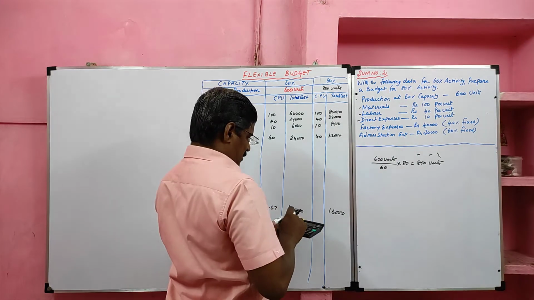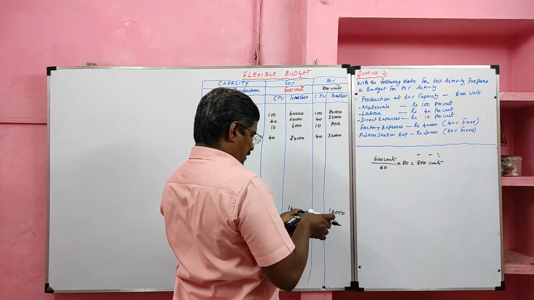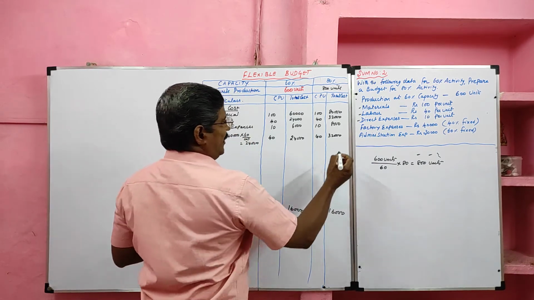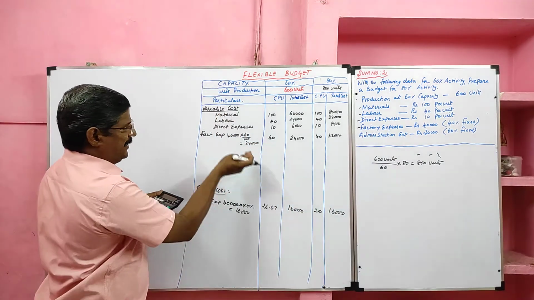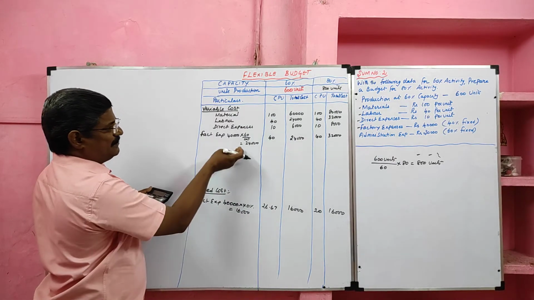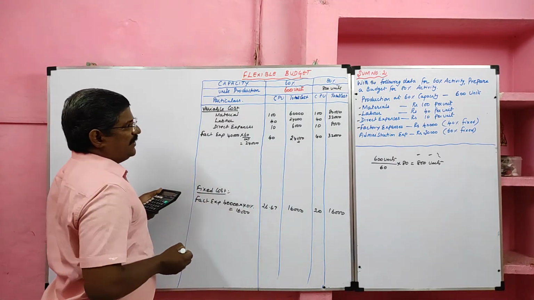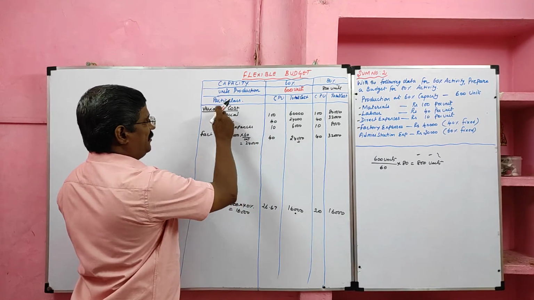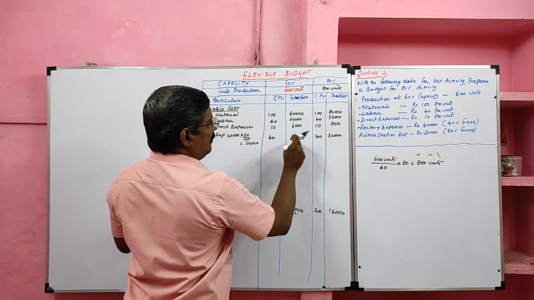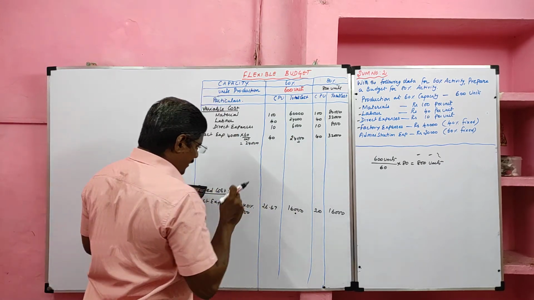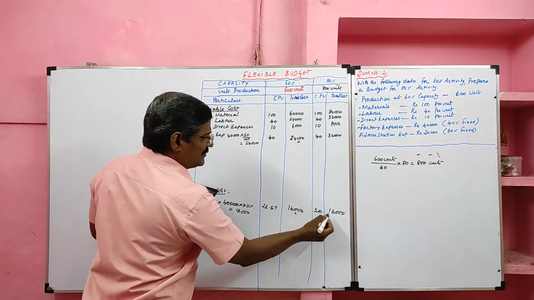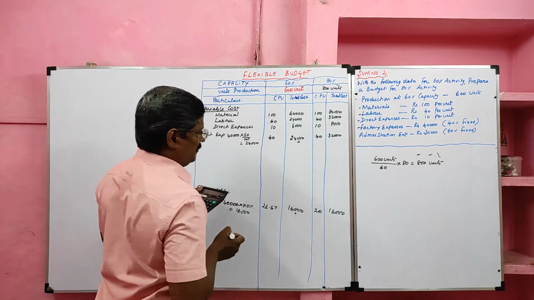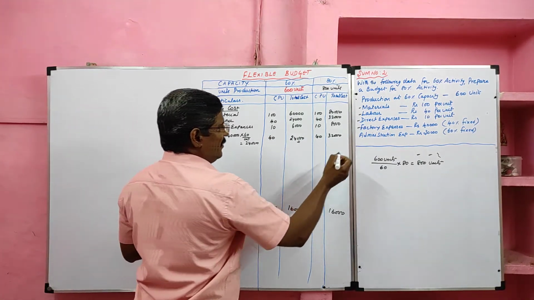Then 16,000 divided by 800 gives 20 rupees. So factory expenses we divided into two categories, 60% variable cost and 40% fixed cost. For variable cost I calculated cost per unit and kept it constant. For fixed cost the total remained constant, and I got cost per unit by dividing 16,000 by the units.